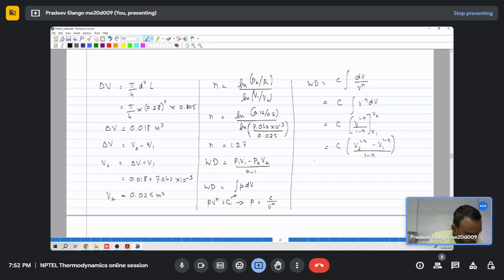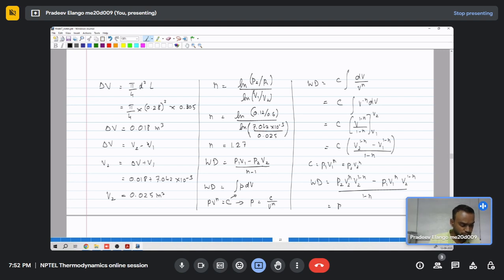So now C is P1 V1 to the power n or P2 V2 to the power n. V2 to the power n minus n minus P1 V1 to the power n V2 to the power n minus n, divided by n.